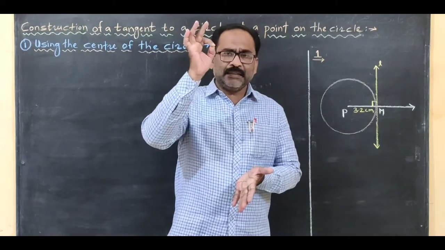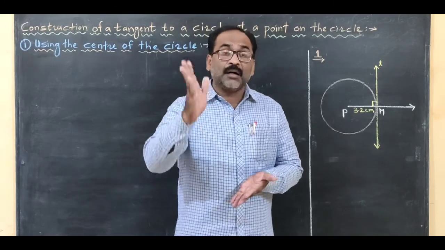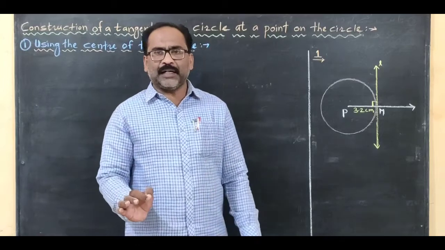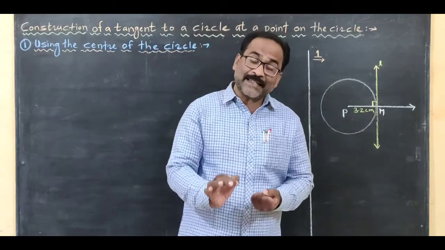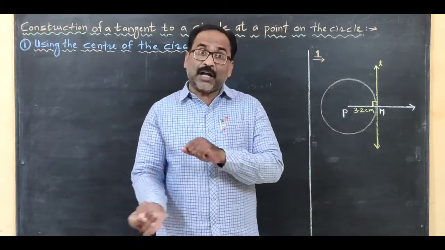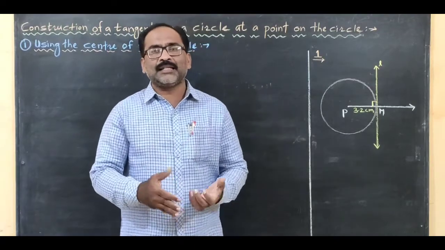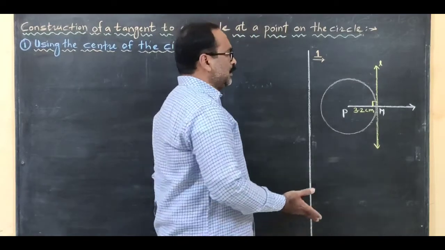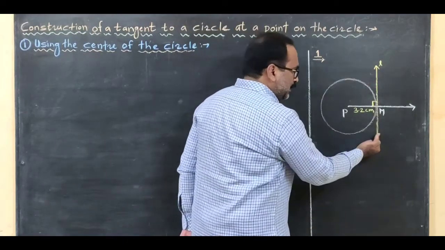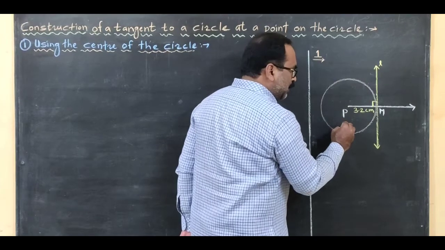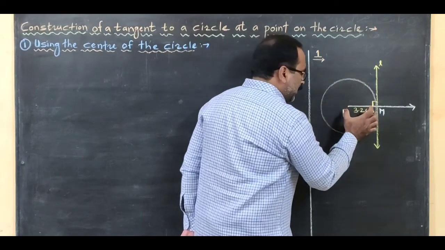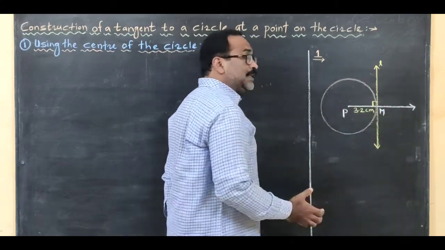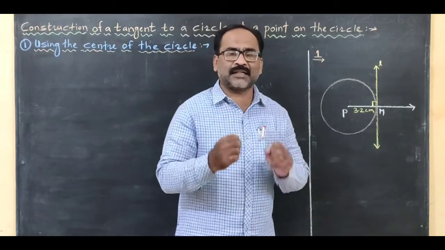We studied a theorem: a line perpendicular to the radius at its outer end is the tangent of the circle. Here line L is perpendicular to the radius PM at its outer end M. So L is the tangent of the circle.